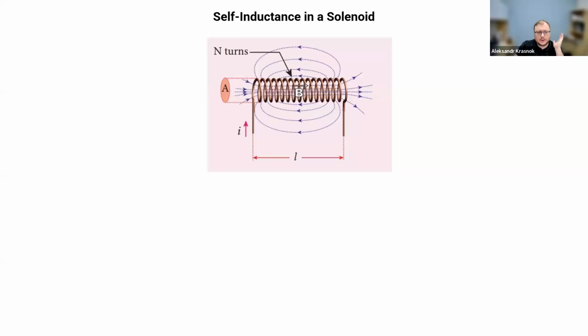In this case, we can use the theory. We can apply Ampere's law, the Maxwell equation in the integral form, to obtain the formula for the magnetic field inside the coil, inside the solenoid. This is the result. What is important here is that this magnetic field is proportional to the number of turns and the current in the solenoid.